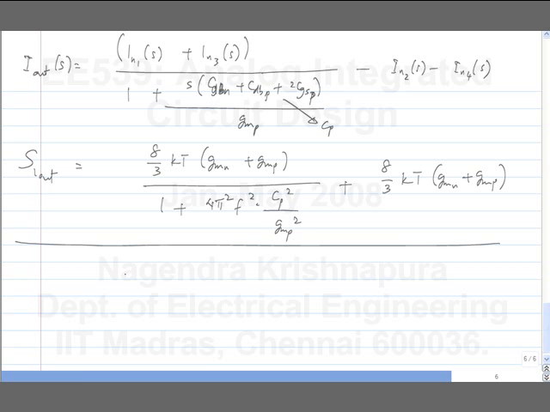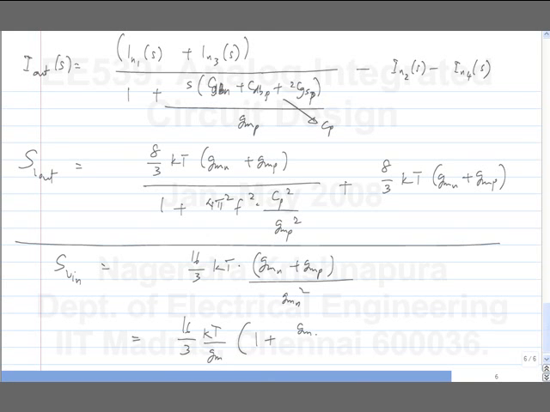So at DC we get 16 by 3 kT (GMN plus GMP) divided by the square of the transfer function. You get 16 by 3 kT by GMN, times (1 plus GMP by GMN).